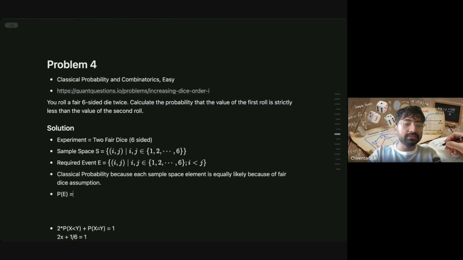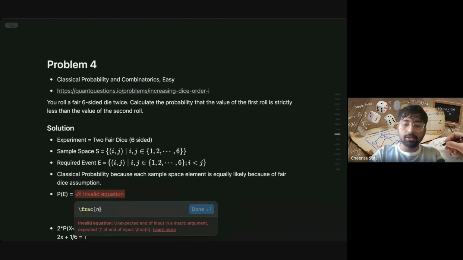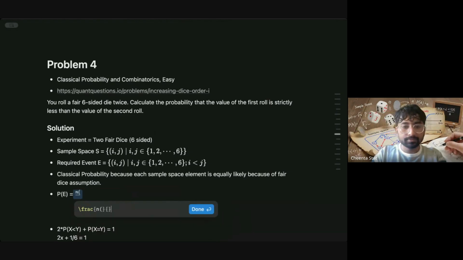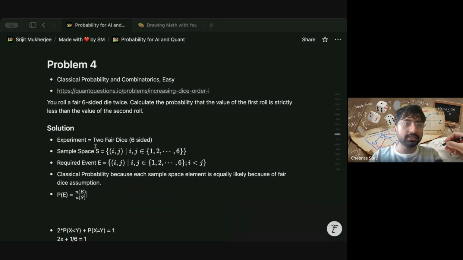The probability of the event E is the number of elements of E divided by the number of elements of S. All of you can see the equations, guys? I hope it's not too small for you.